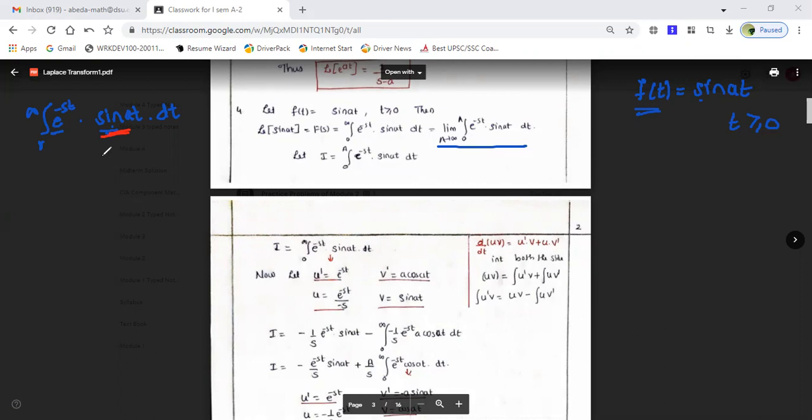There is no end for this process, the differentiation is not tending to 0. If I consider e to the power minus st for differentiation, this is e to the power minus st into minus s. Again differentiate, e to the power minus st into s square. Again differentiate, e to the power minus st into s cube. Like that it will continue. So there is no tending to 0 happening. Therefore, that particular trick is not applicable here.